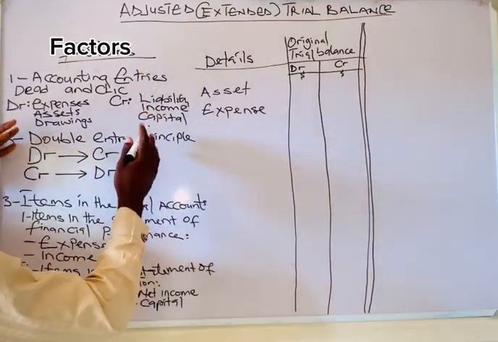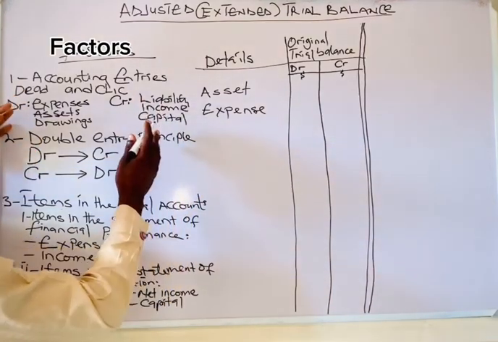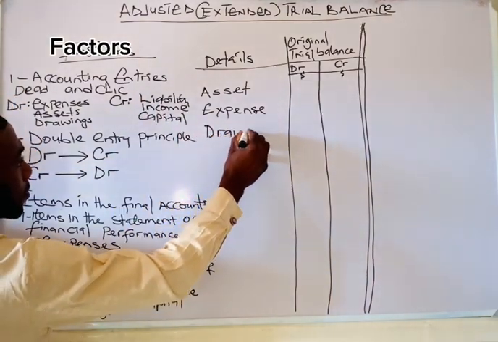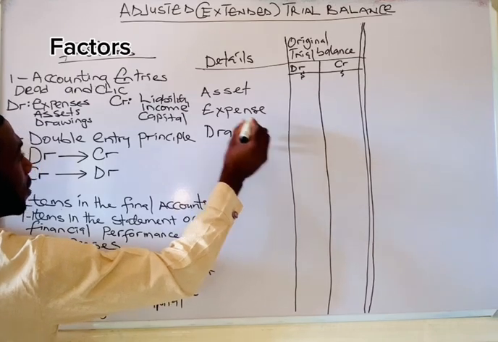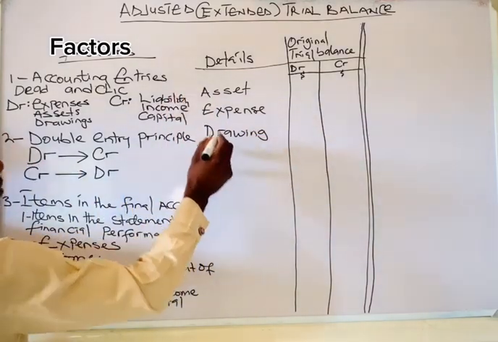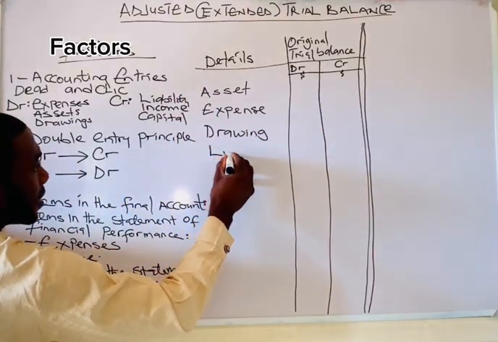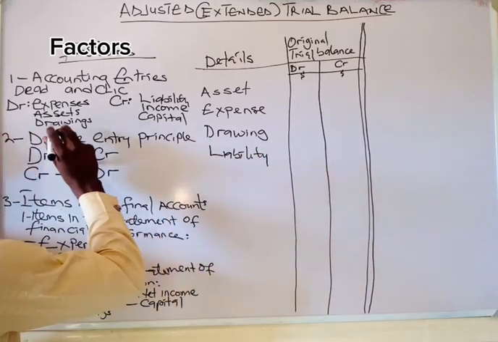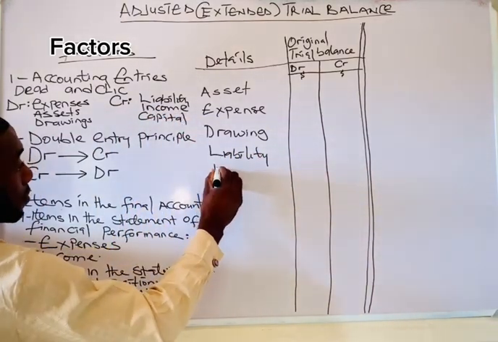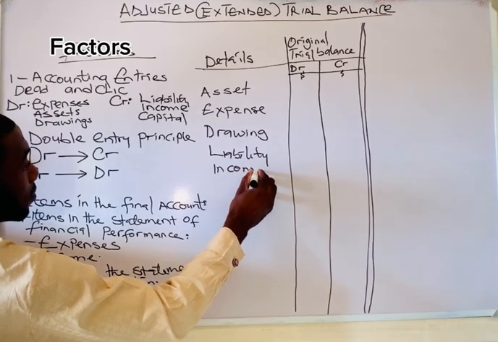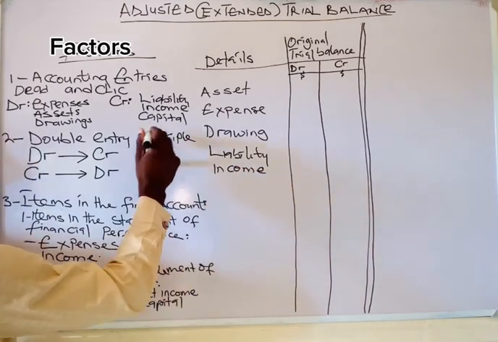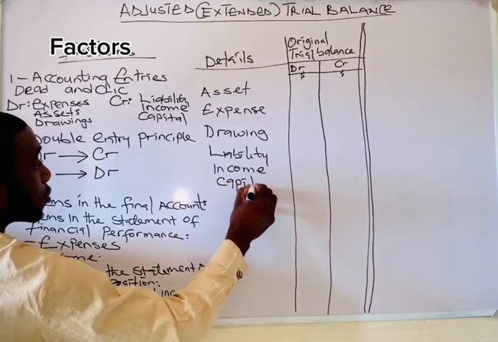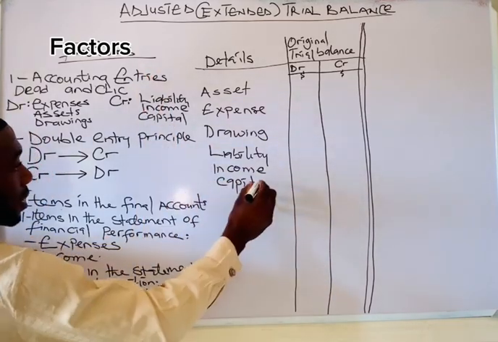These are what will be in the trial balance. We have liability, we have income, and we have capital. As you can see, you must know these factors.